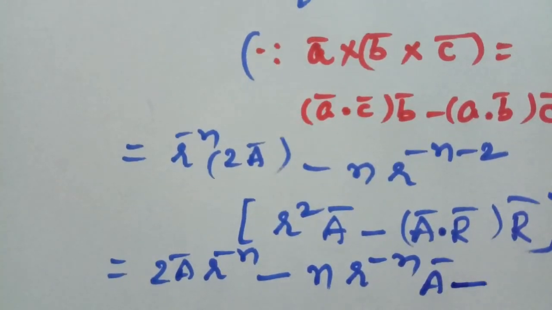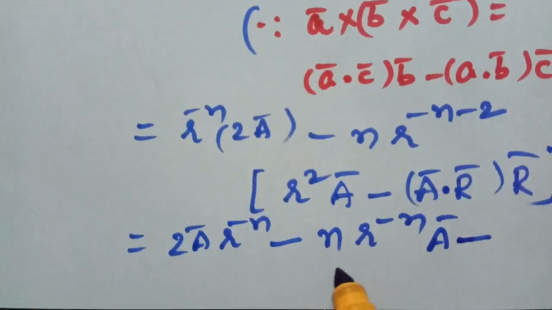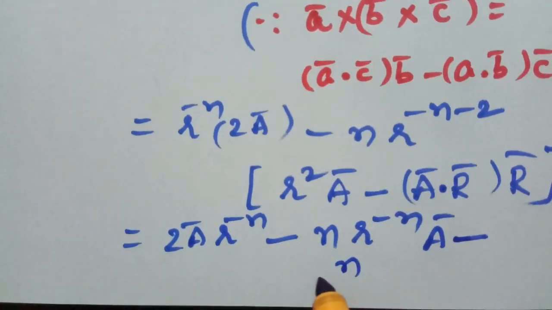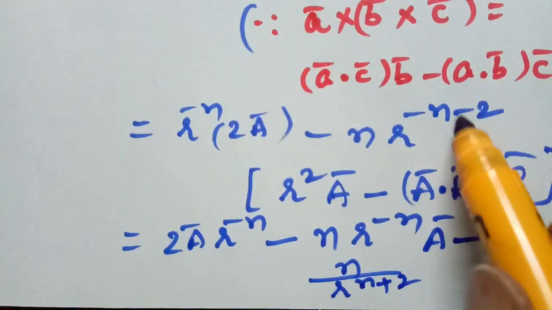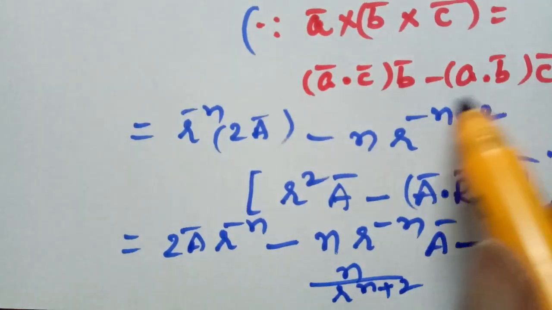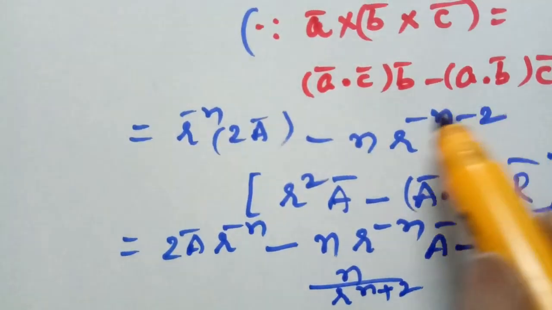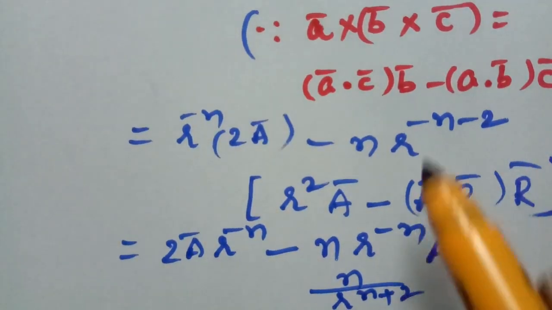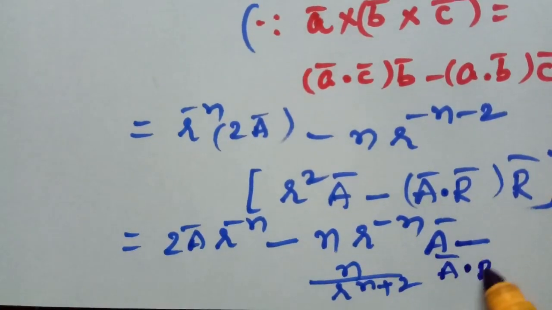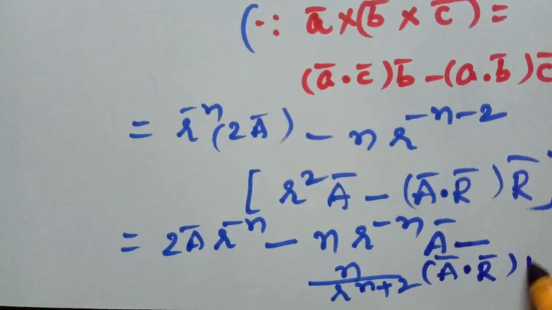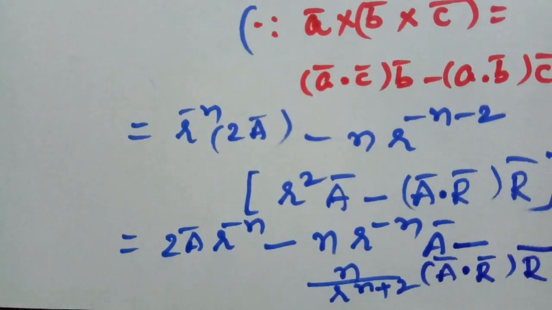This can be written as n by r power n plus 2. We are writing it in the denominator, so the minus sign in the exponent becomes a plus, into a bar dot r bar into r bar.